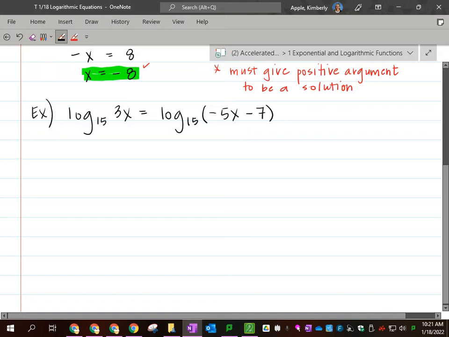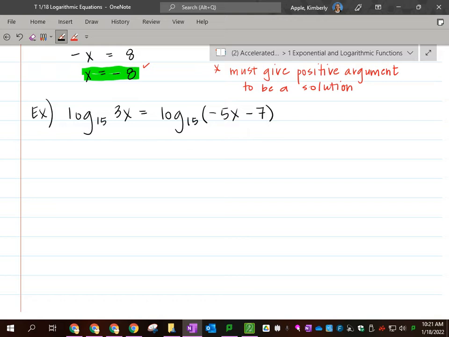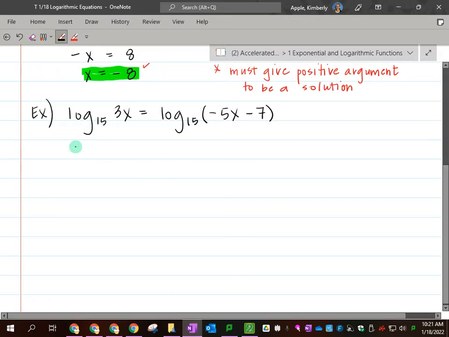Okay, so those first 2 conditions are met. I have a single positive log on both sides of the equation, and they have the same base. So I can just go ahead and disregard the logarithms, set the arguments equal to each other, and solve for x.